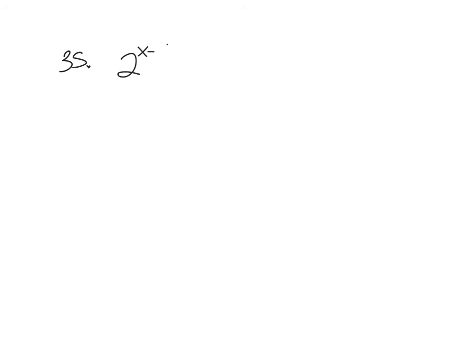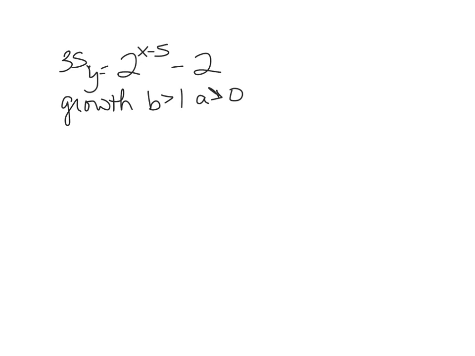y equals 2 to the x minus 5 minus 2. So this is going to be growth because our b is greater than 1 and a is greater than 0. A is positive. Whenever a is negative, it's neither. Then this is a percent increase or decrease. So it's how far away is my base?